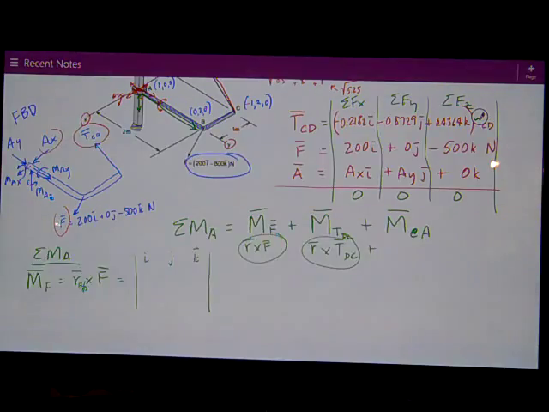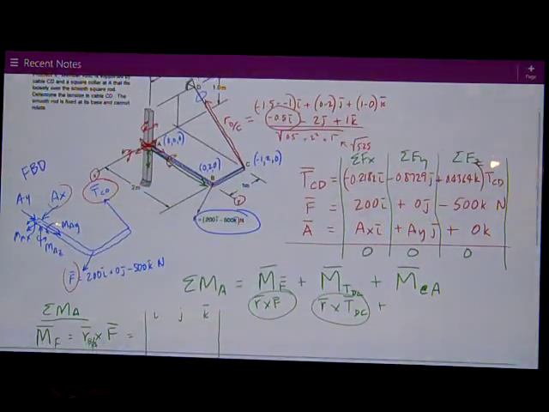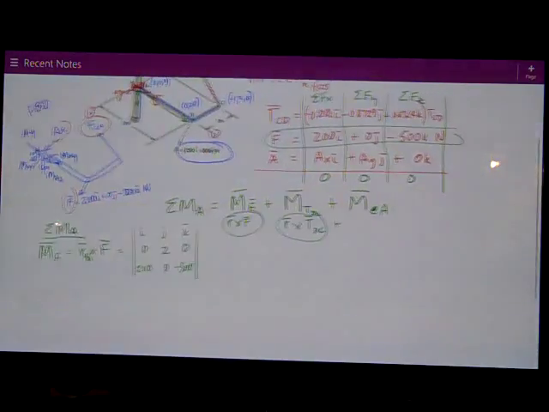The position vector from A to B is tip minus tail. A is at 0, 0, 0, so it's just the coordinates of B. So these numbers are 0, 2, and 0 for the position vector. The force is this value up here, where I've written the Cartesian form of it, 200, 0, and negative 500. So I need to evaluate that. I'll do that here in a second.